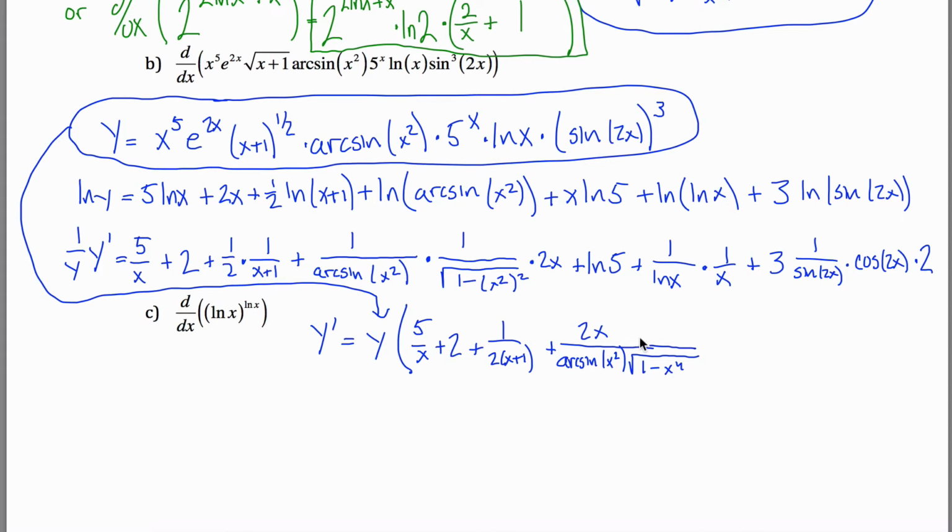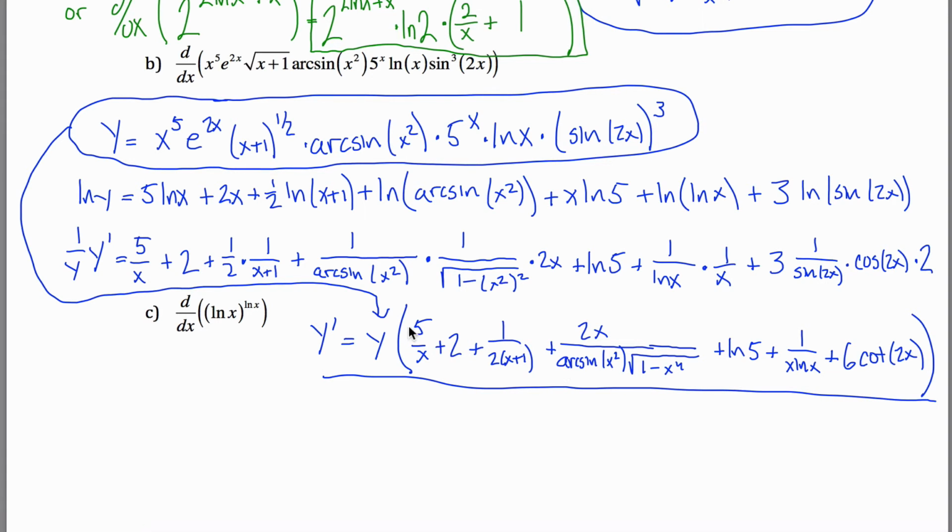That's this term here. Plus the natural log of 5 plus 1 over x natural log of x, that's this term here, plus 3 times 2 gives me 6. Cosine of 2x over sine of 2x would give me 6 cotangent of 2x, if you felt like writing it that way. And I'm going to call that good because I don't want to write anymore.